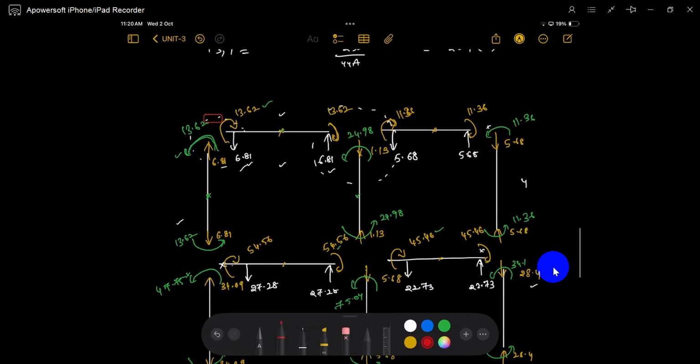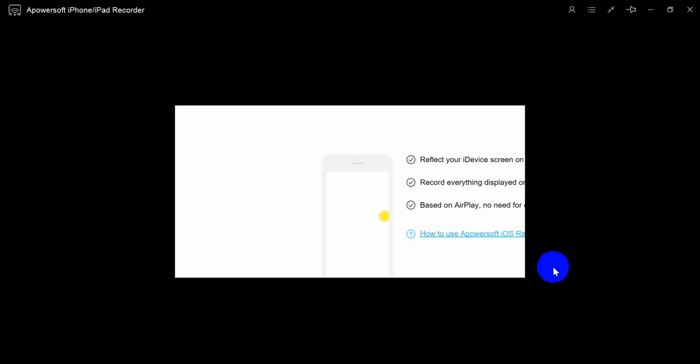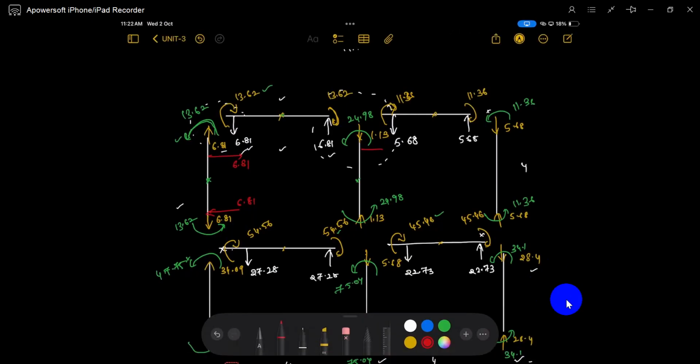Here it is 24.98. 24.98 divided by 2, so here, this direction. What is that value? It's 24.98 over the distance of 4, divided by 2, so 2 times.